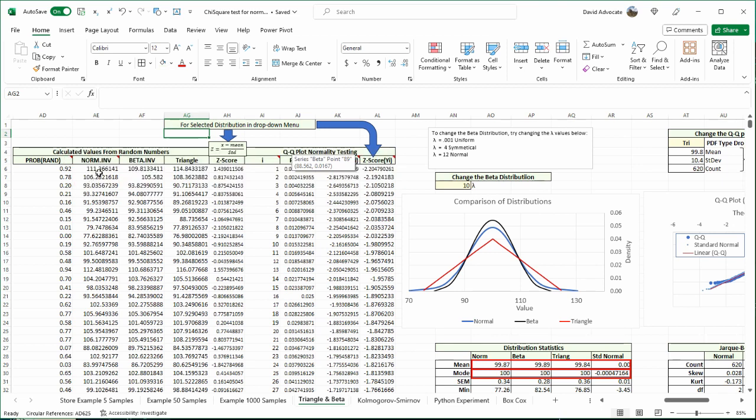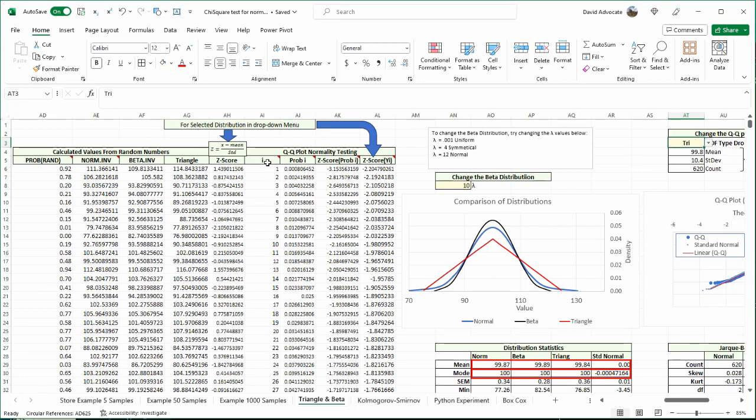We calculate the normal distribution, the beta distribution, and the triangle distribution, which is quite a long formula. And then we calculate the z-score of one of the selected distributions, which we designate over here with this drop-down menu.